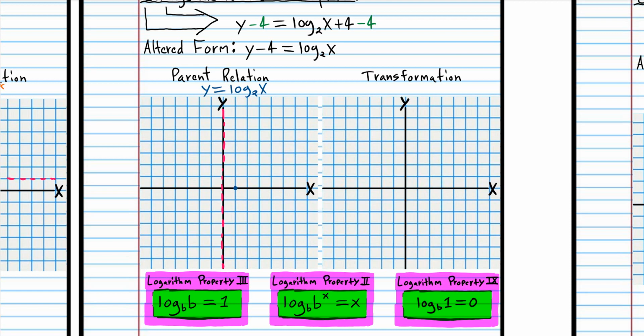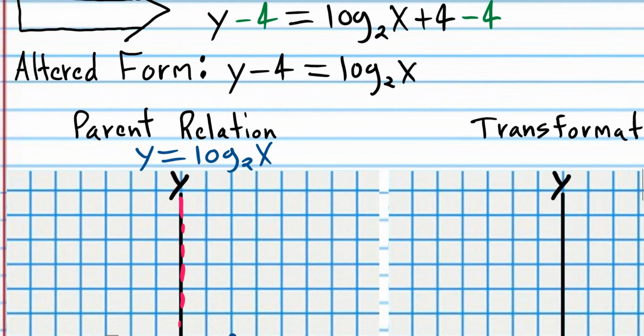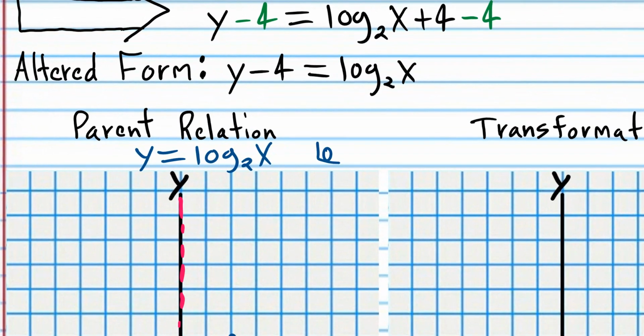Then we're going to use this property down here, logarithm property 3. We're going to plug in 2 for x, and we get 1. Then we're going to use this middle logarithm property, and we're going to plug in powers of 2 for x, because the base is 2. So 4 is a power of 2. Let's write it over here just so we can be clear what's occurring.